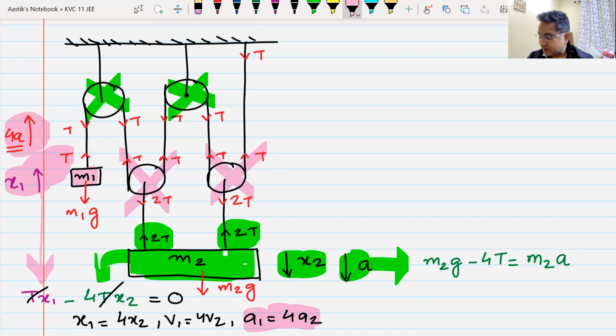This is moving upward, the pink block moving upwards with 4A. Tension is T. Weight is M1G. What is the equation of this block?